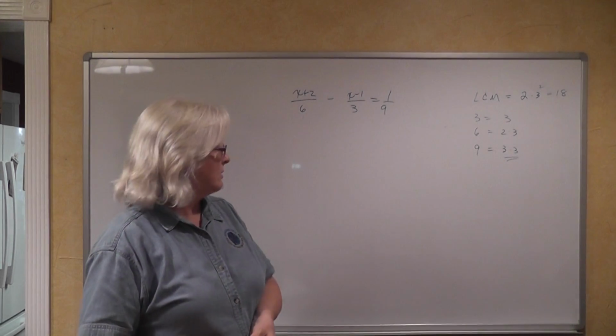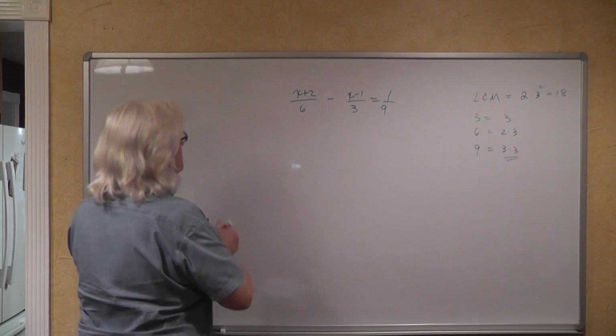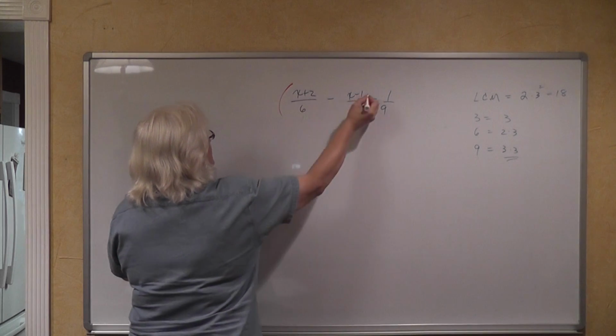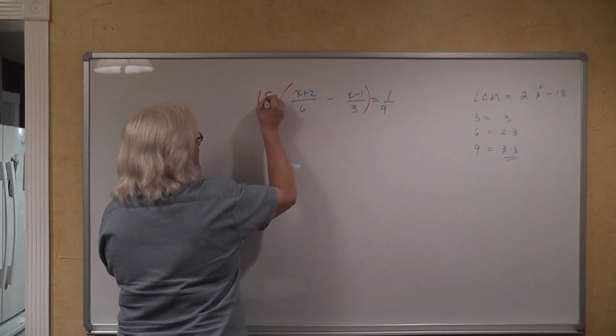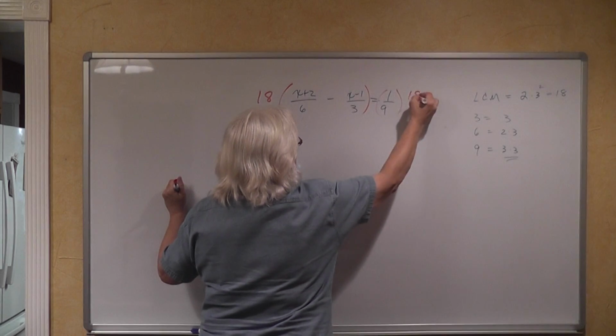Now we figured out what our least common multiple is. We're going to multiply both sides of that equation by that least common multiple.